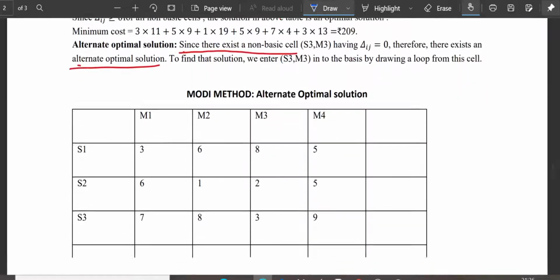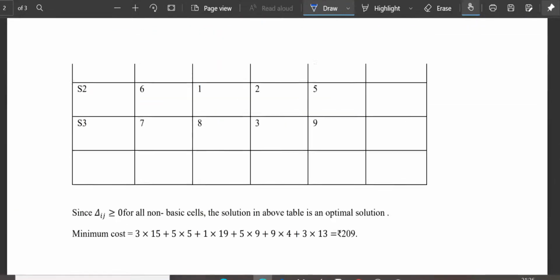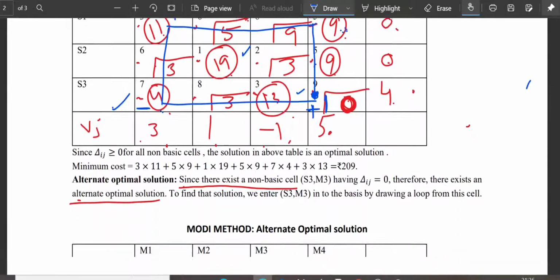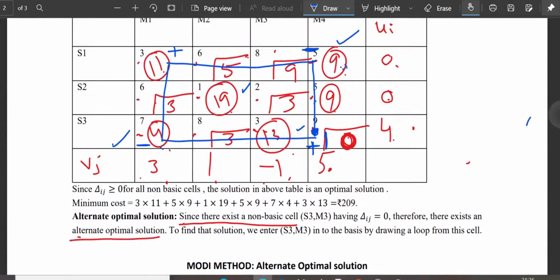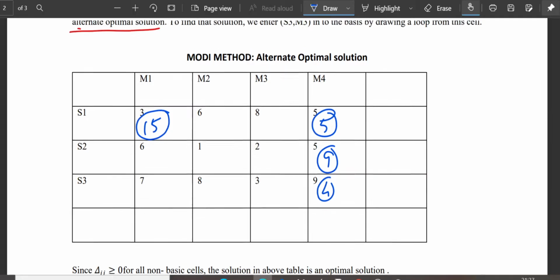So this will become, from wherever I start making the loop, 4, 4, 9 and 5. So 4, this 9 remain as it is. 9 minus 4 is 5, and here I am having 11. So 11 plus 4, 15, right?